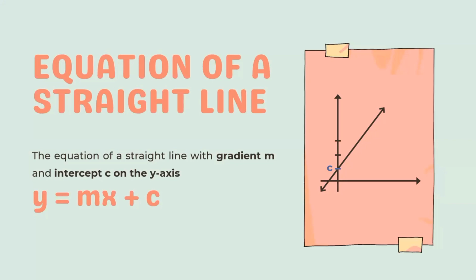Besides gradient, we also need to understand the equation of a straight line. There are three kinds of equations of a straight line. The first one: if a straight line has gradient m and intercept c on the y-axis, the equation is y is equal to mx plus c.